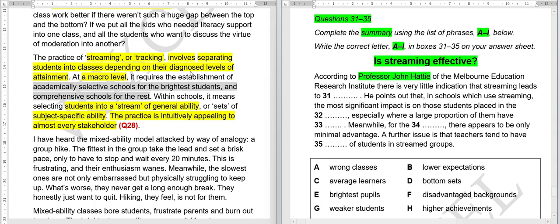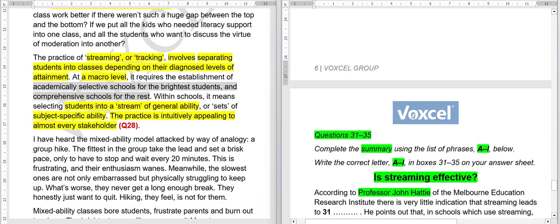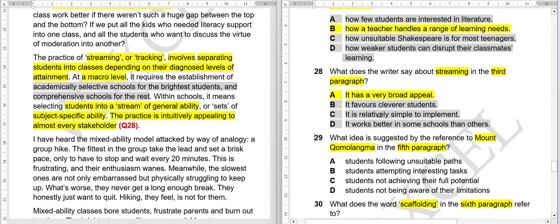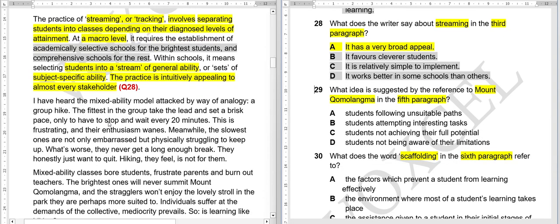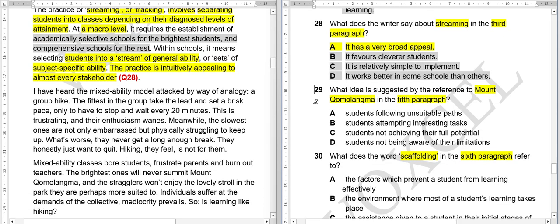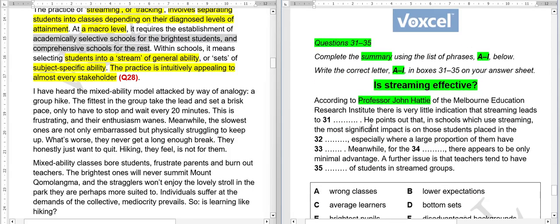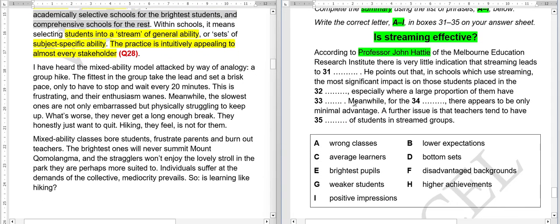And other than that, there is no mention whether it is effective or not. That's why this option was not selected. Clear? Now we know it's in the fifth paragraph. This is our fourth paragraph, so we don't have to worry about that. Let's see if we have any answer here or not.